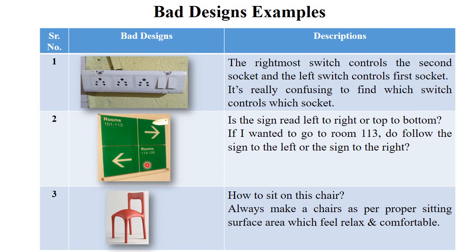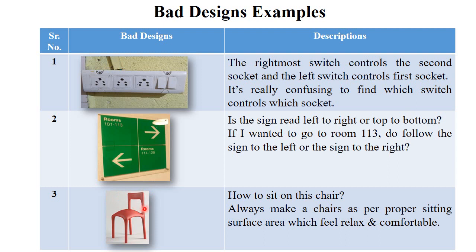Now next one, see here. In this direction board, for rooms 101 to 113 there is this arrow or this arrow, and the person will get confused, right? You need to follow exactly which direction, either upward, or in this way, or left to right. So this is called a very confusing design, or bad design. Now the next one, see here.